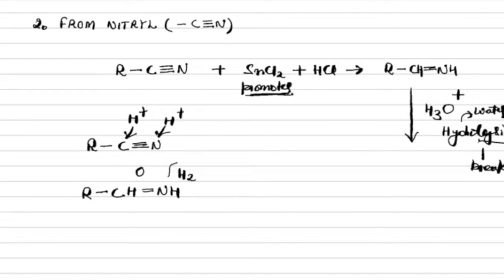So now if these are mixed, NH and NH2, it will add up to NH3, ammonia, it's gone. We are not worried about where it is gone, right? We are worried about this oxygen. So this oxygen, when it gets attached to this carbon, will break the double bond and get attached itself with the carbon with the double bond. So what we will get after hydrolysis, we will get R C double bond O, H.